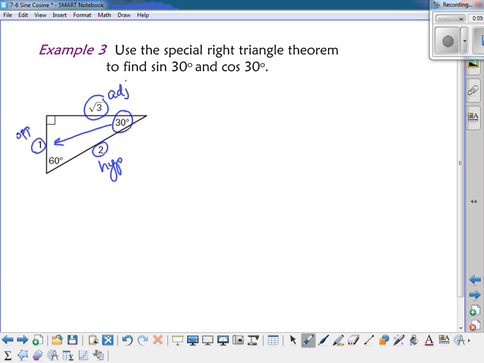And again, while you're getting comfortable doing these, it's not a bad idea to mark your triangles so you keep them all straight. So the sine of 30, sine is opposite over hypotenuse, which is 1/2, and so that's just 0.5 when you put that in your calculator.